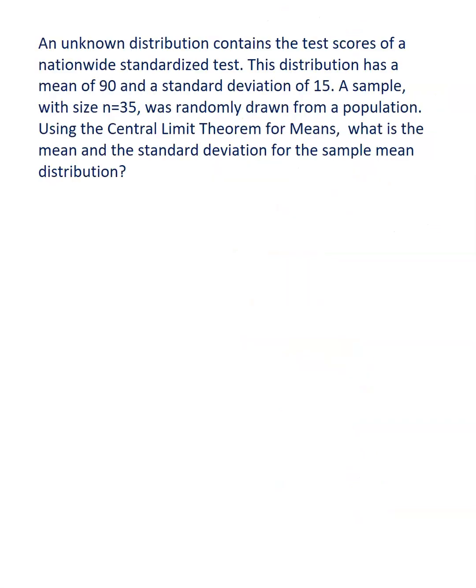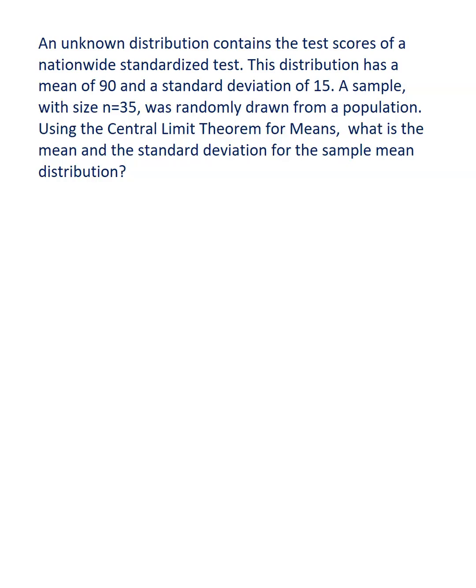All right. Here is our example. An unknown distribution contains the test scores of a nationwide standardized test. This distribution has a mean of 90 and a standard deviation of 15. A sample with size n equals 35 was randomly drawn from a population.